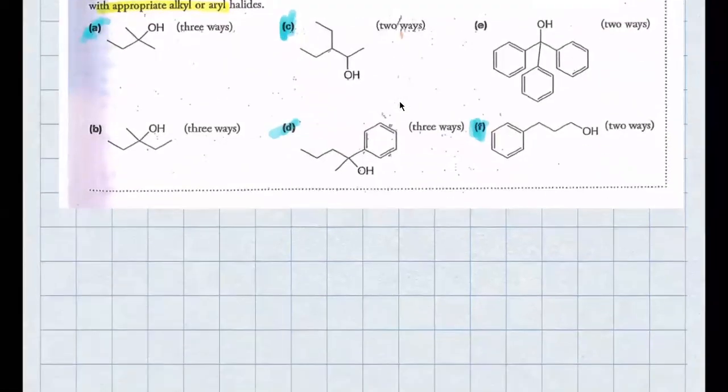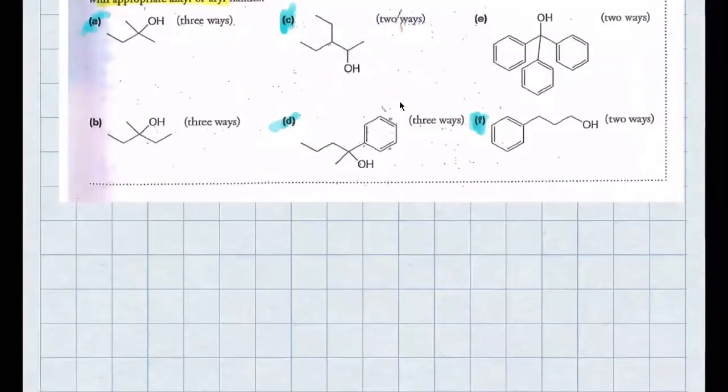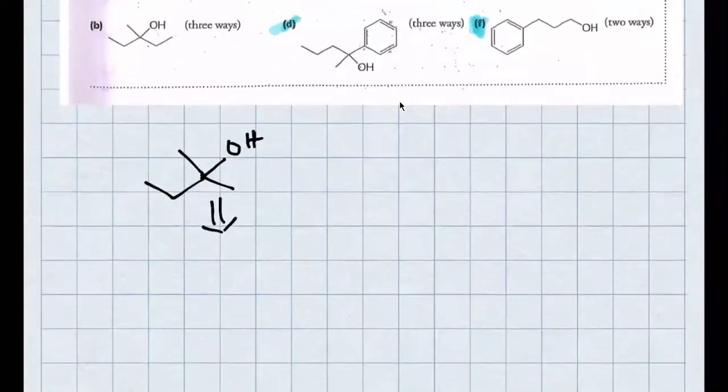All right, so if we start with A, what does my intermediate look like? I'm going to be working backwards. That's what that weird looking arrow means. It means that you're doing retrosynthesis.